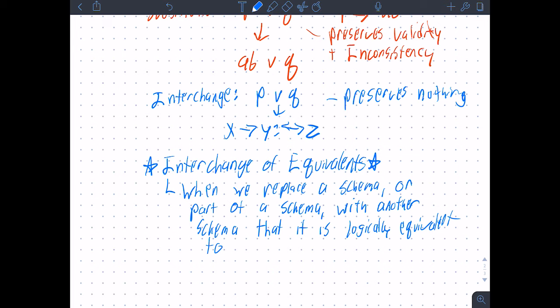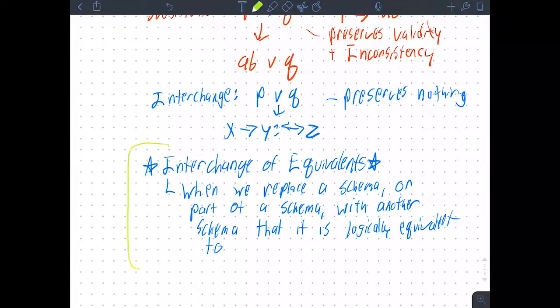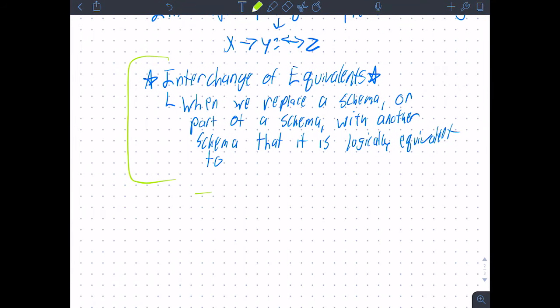And the reason why we have this special case, interchange of equivalence, is because interchange of equivalence preserves everything. Oh, that's an awful color.